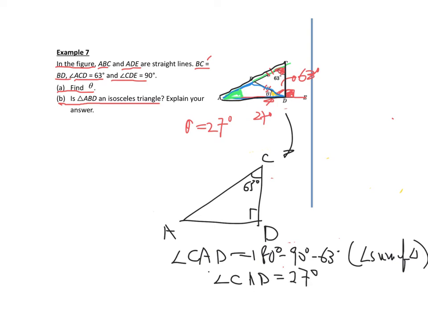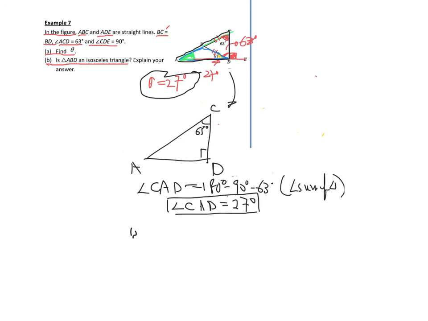After we found that, we can see that it's equal to theta, which is what we found in A. So actually it is an isosceles triangle. We can write this conclusion down here: the angle CAD is equal to theta is equal to 27 degrees.